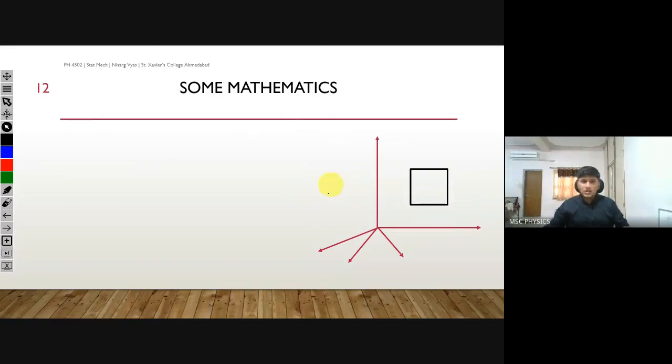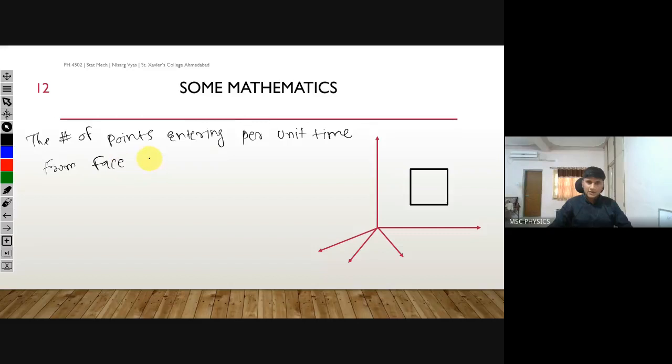So the number of points, let's do some mathematics. Number of points entering per unit time from phase q1 equal to constant is equal to, I'm just writing it as n_q1, the number of points entering per unit time from phase q1 equal to constant.